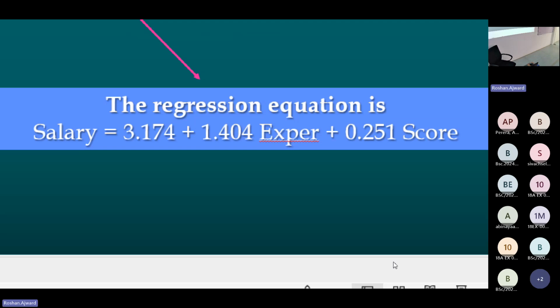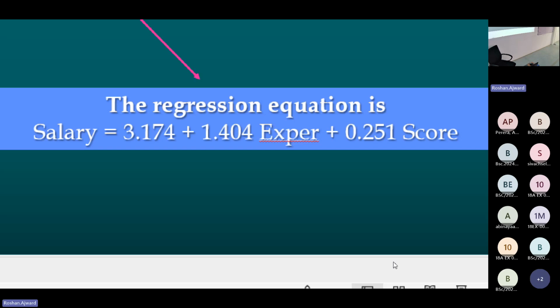Let's say a computer programmer just joined the organization. That person doesn't have any experience and has not done the aptitude test. So no experience, 0 marks, but still that person will have to be given a salary. What's the value of that salary?